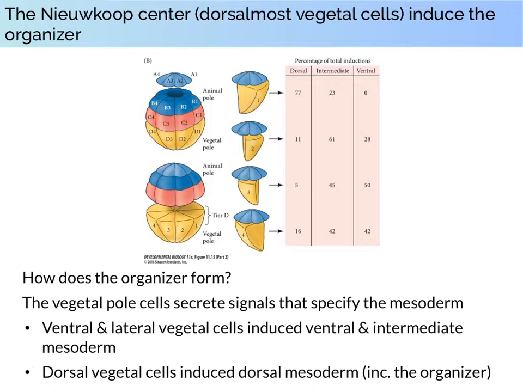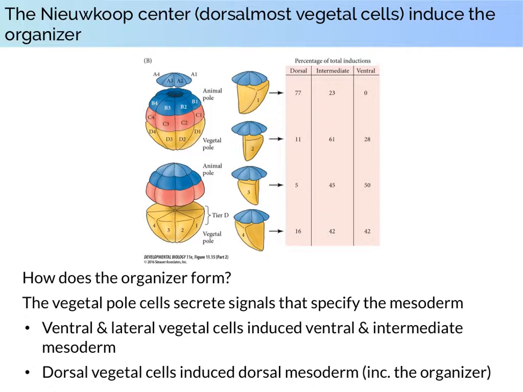Another finding of this experiment is that the type of mesoderm that's induced by vegetal cells, which are the cells of the presumptive endoderm, is going to depend on the region of the embryo from which the vegetal cell is isolated.